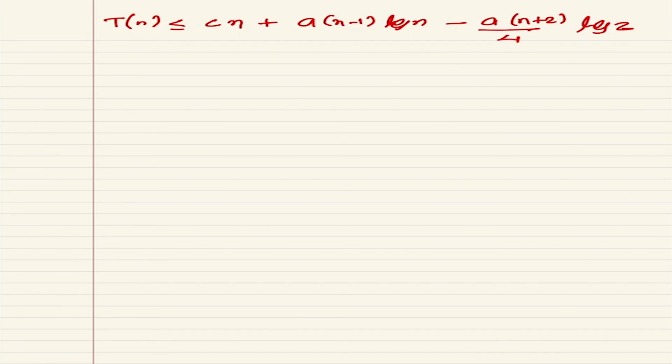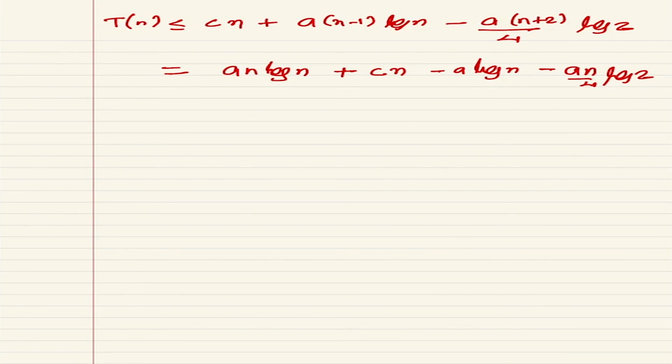Okay, let's try to put the terms separately. So this is same as a n log n plus Cn minus a log n minus a n by 4 log 2 minus a by 2 log 2.